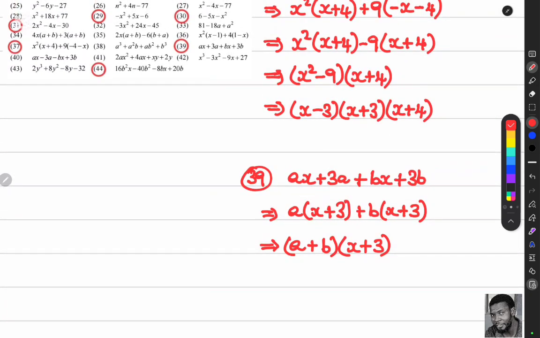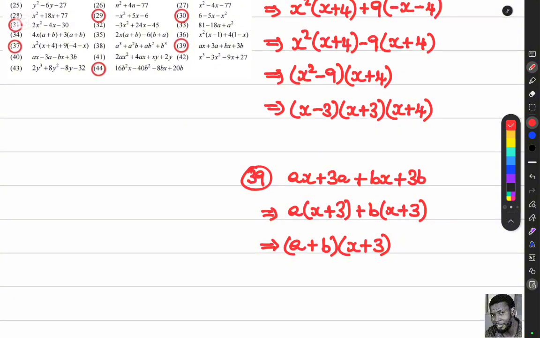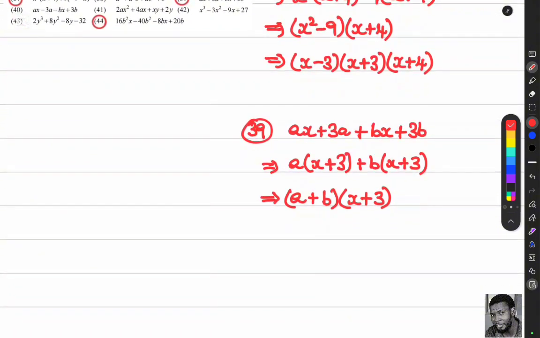And the very last one for today will be number 44. So let's have number 44 just here.